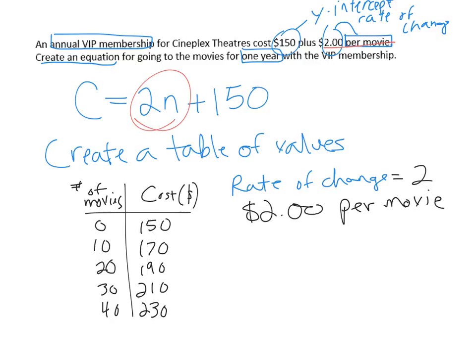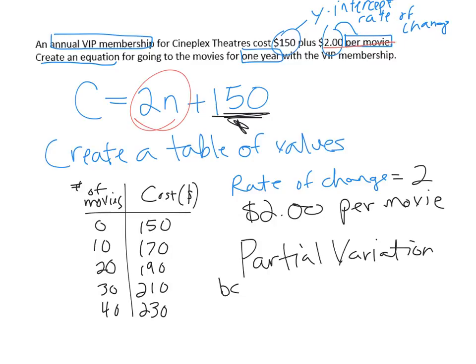Something else they might ask you is is this direct or partial variation? Well, because there's a y-intercept that's not 0, the graph will not go through the origin, therefore this is an example of partial variation. Why?